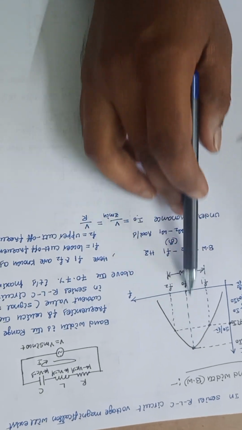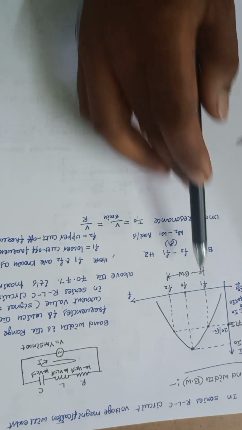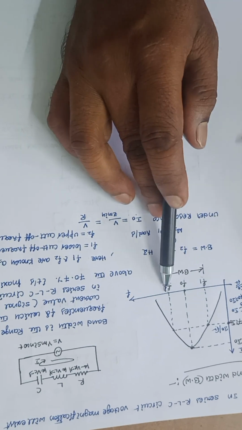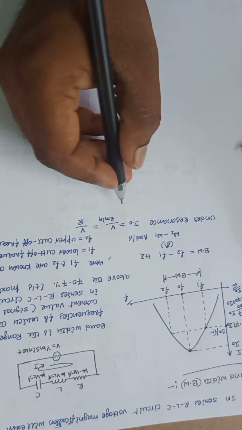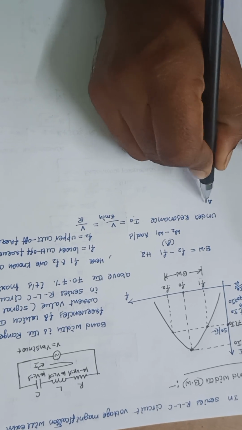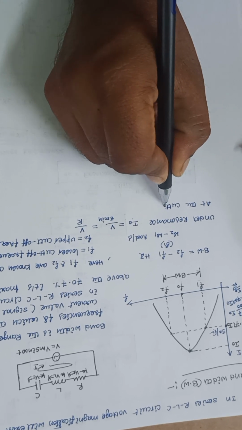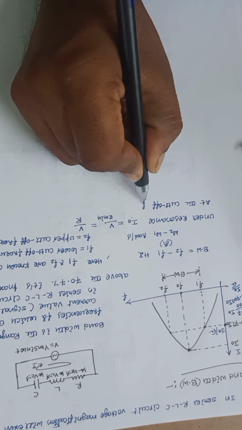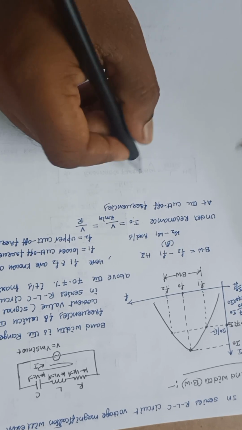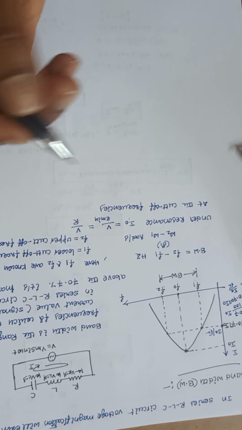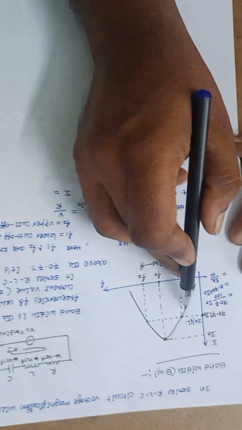At the resonance frequency, the impedance Z is equal to Z minimum, that is equal to R. At the cutoff frequencies, which may be f1 or f2, I want to find the impedance. To find it, I am using the current equation. The current is I naught by root 2.